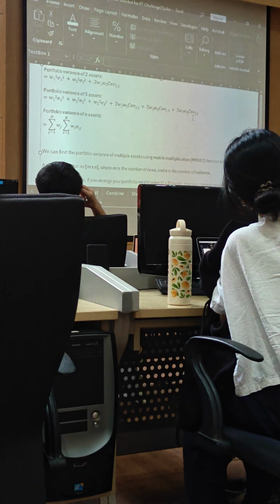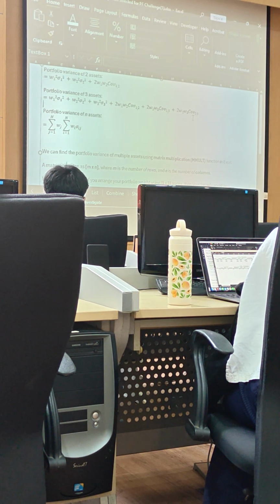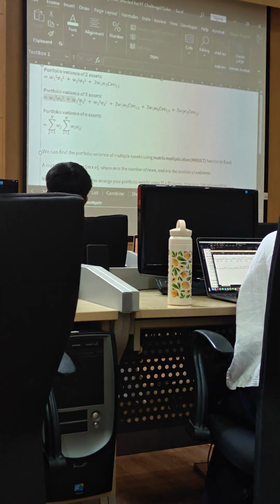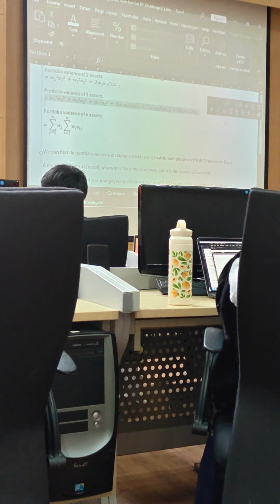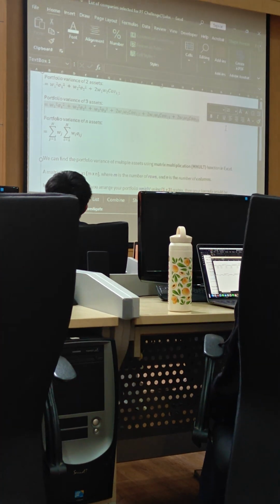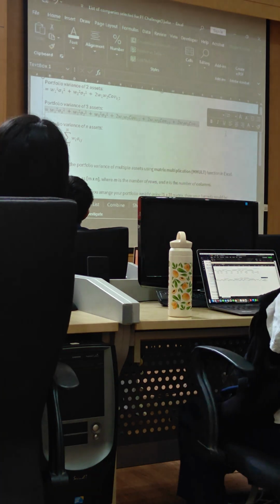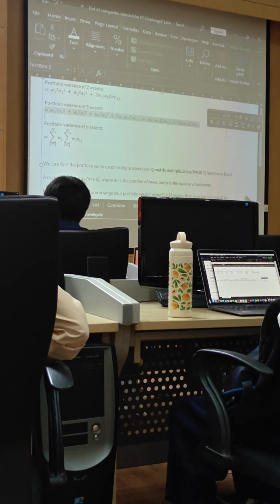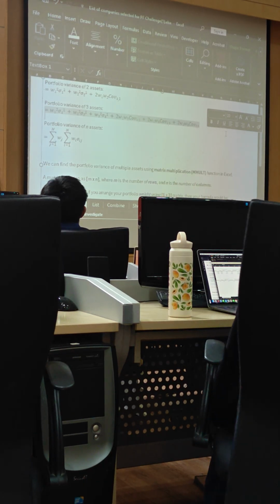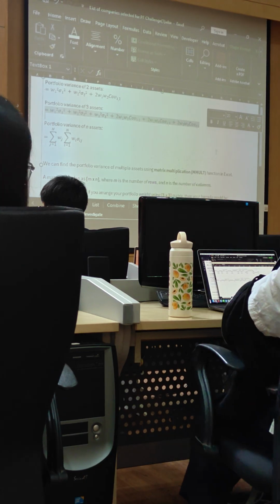Lepas tu kalau kita ada N, katakan ada 10 portfolio, the formula would be very long. The combination would be sangat. And that's why in the age of technology we can simplify that by using the covariance matrix.